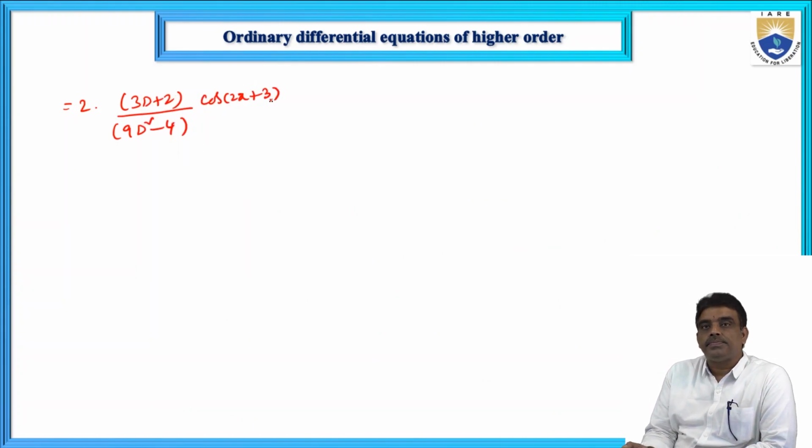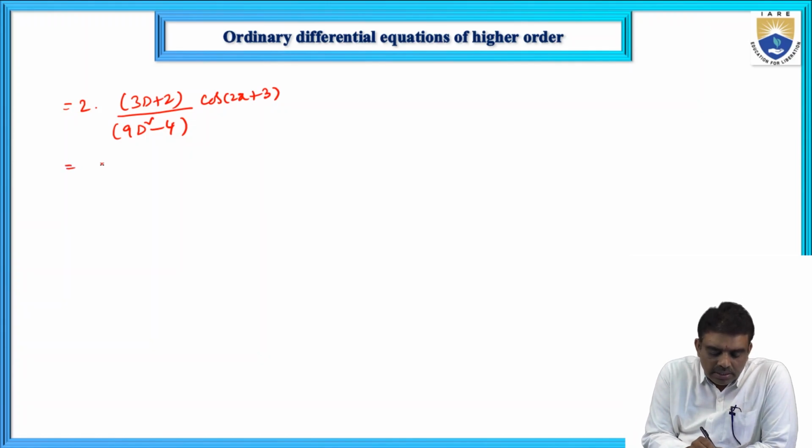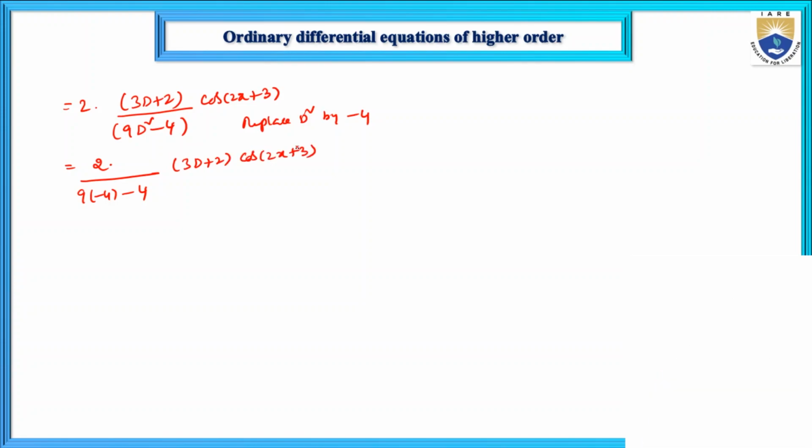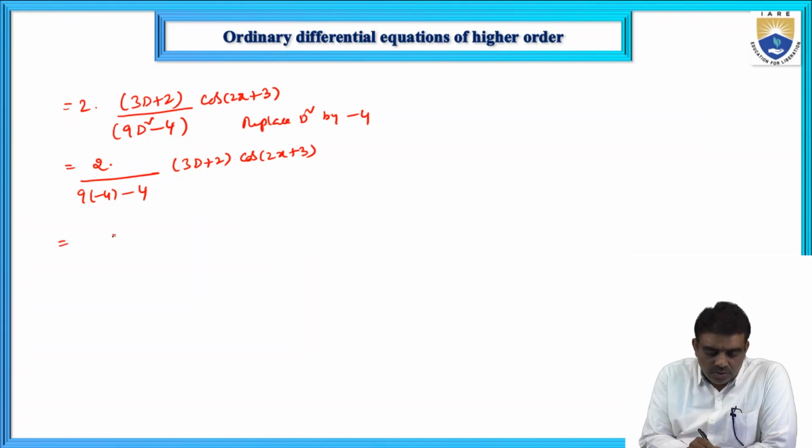Now replace D² by -4. So 9(-4) - 4 gives 2(3D + 2)/(-36 - 4), that is -40, of cos(2x + 3).